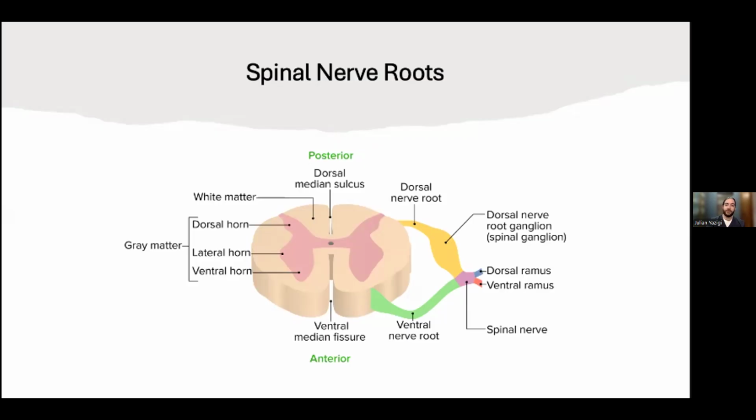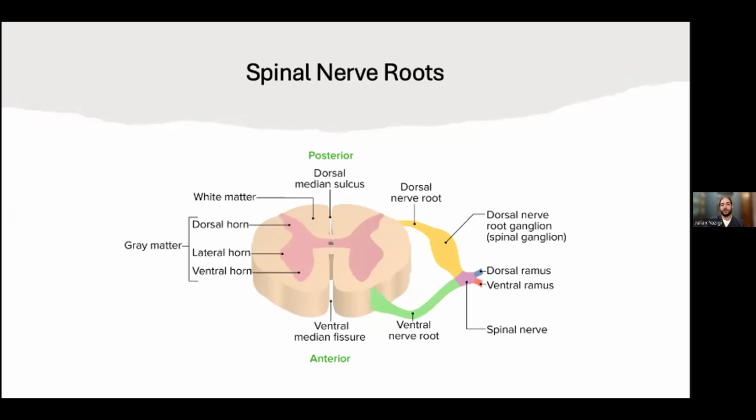After emerging from the cord, dorsal and ventral rootlets converge into larger dorsal and ventral roots. These then unite within the intervertebral foramen to form a mixed spinal nerve, which carries both afferent and efferent fibers. This union marks the first point in the spinal pathway where a nerve contains both sensory and motor components.